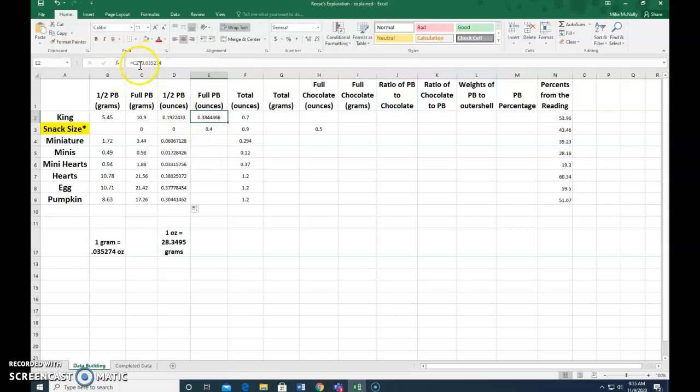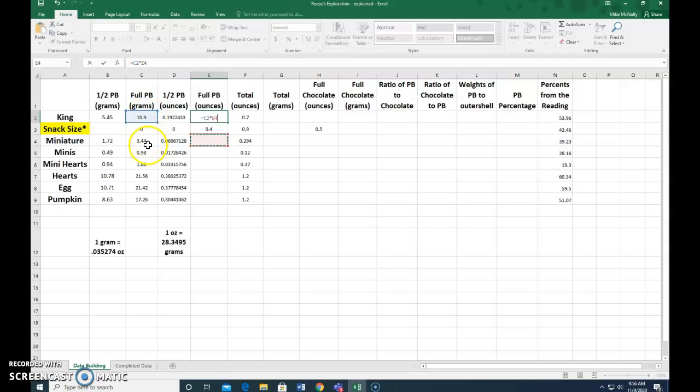And what was this? C2, so that's the full amount of peanut butter times our conversion rate, changing grams into ounces. We want to know if a full peanut butter has this many grams, how many ounces would that be? And I need to undo that. There's the conversion. So what would this be?